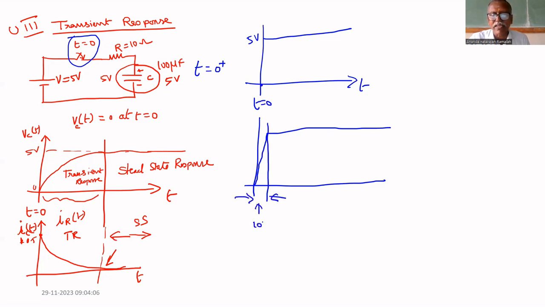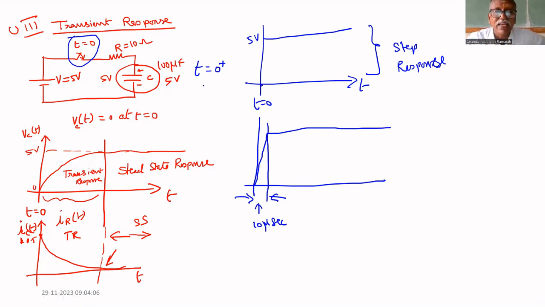But mathematically, we are assuming that it is happening at t equal to 0. If you apply like this, this response is called step response. The signal is like a step. That's why it is called step response.